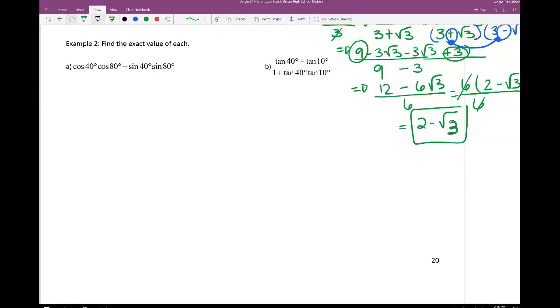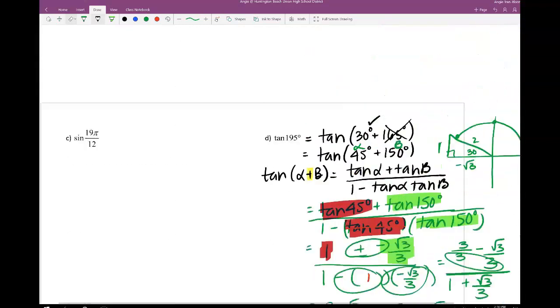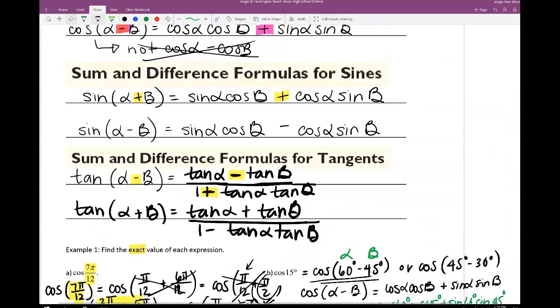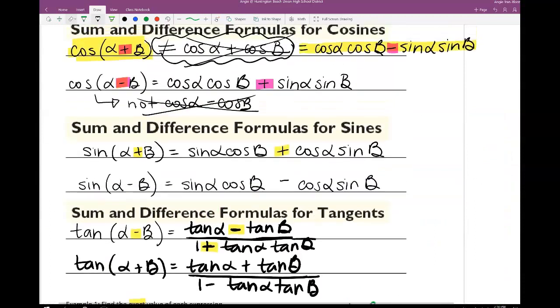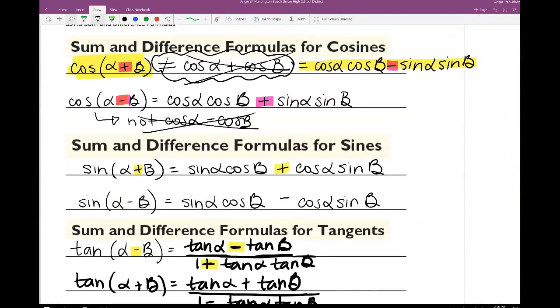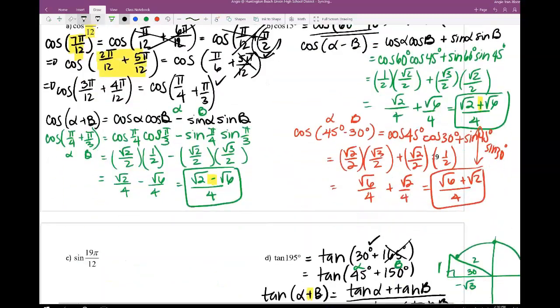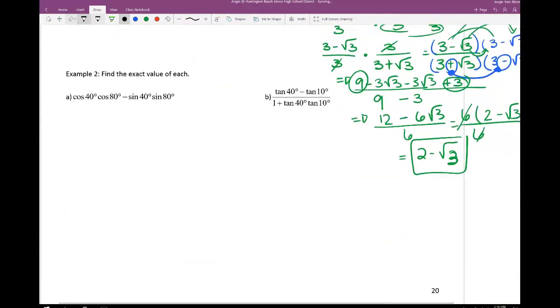Do you see or do you recognize this expression from one of the identities that we have written up here? You mean this? Wow, yeah, that's what we're going to use.